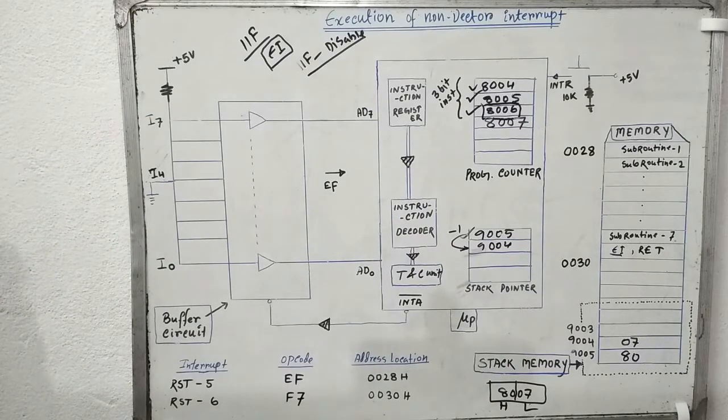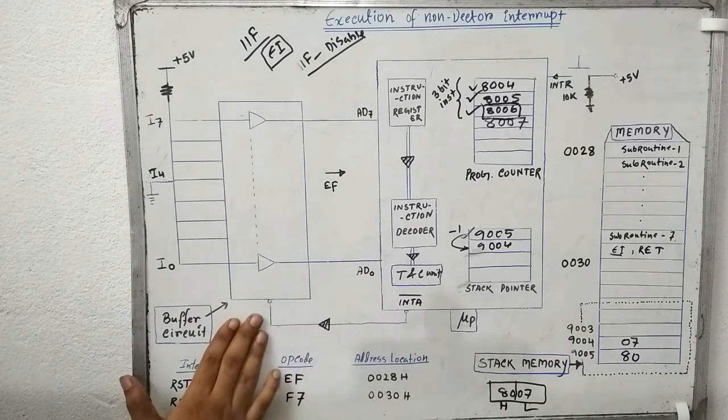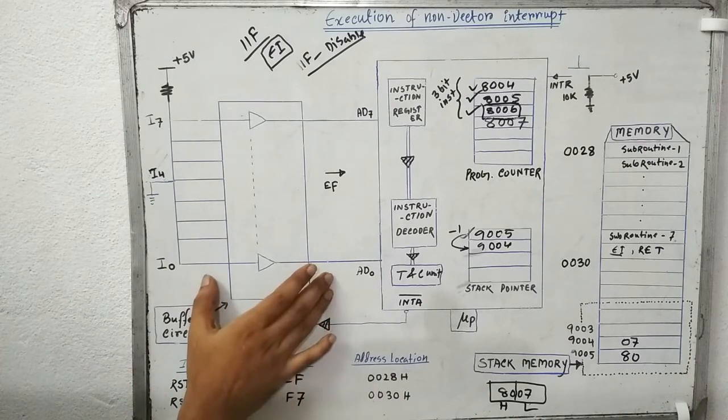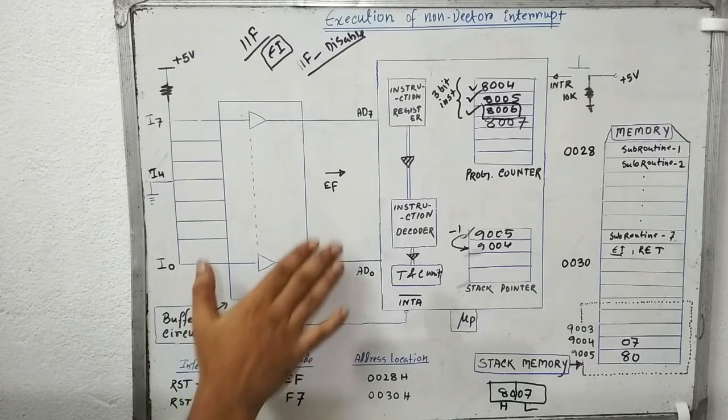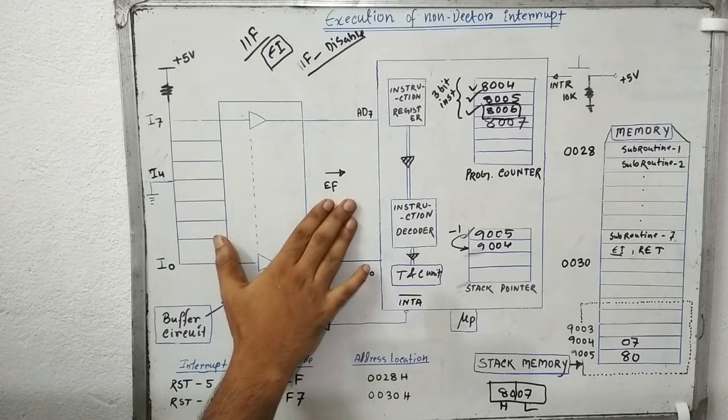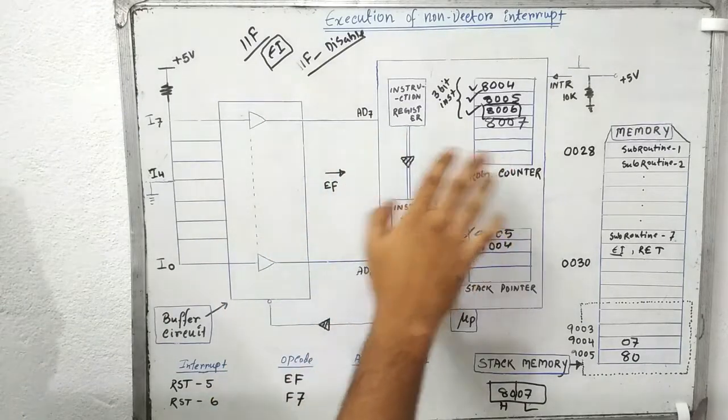So these were the things. Now what will happen? Now come to this externally connected buffer circuit that you can see over here. This externally connected buffer circuit will provide a particular opcode to the microprocessor.